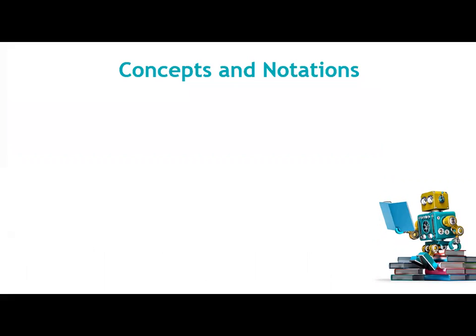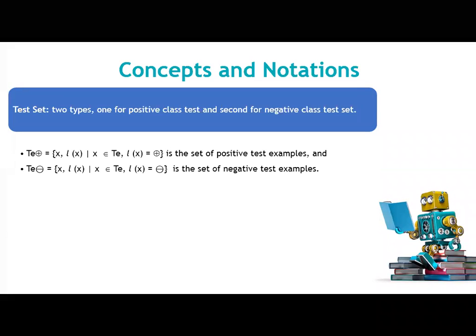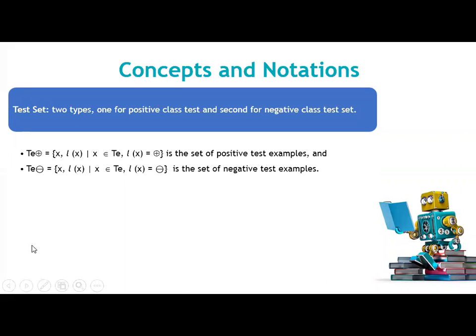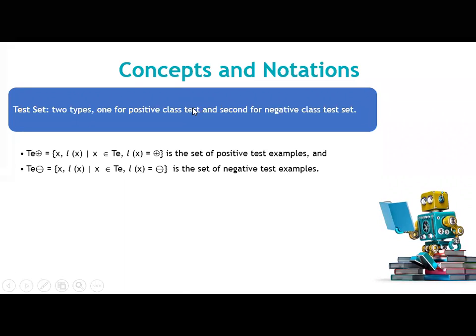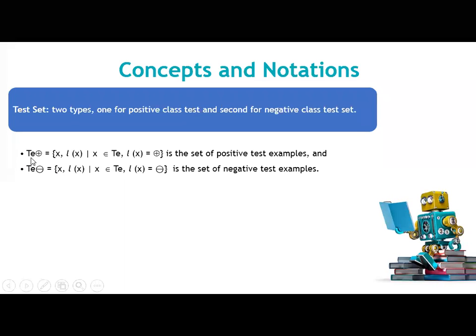So how are we going to see this? This is important. You have to keep this particular thing in mind when we write down the definition of positive class and negative class. This is the testing data. TE plus, TE positive equals the set of X comma LX, where X is the instance and LX is the label of X, X belongs to TE.